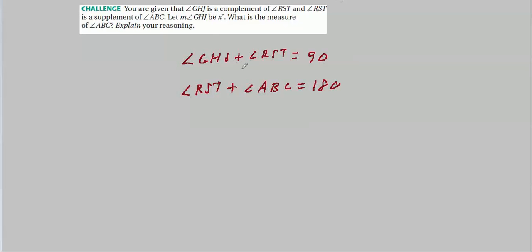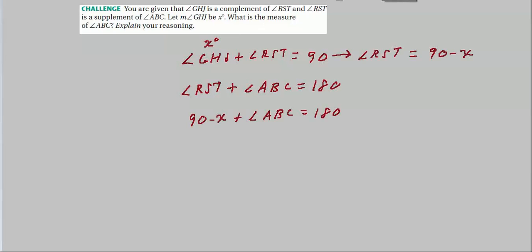For instance, if this is x naught, that's x degrees, pardon me, doing two different math classes at once here. X degrees, you'll see x naught later on in much more advanced classes. Pardon me.